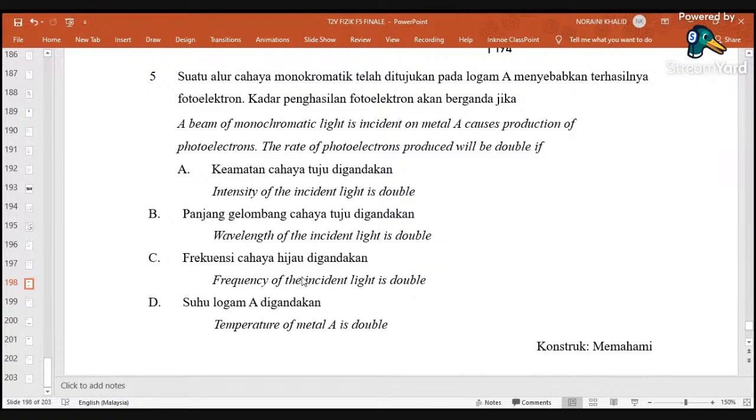Okay, number 5. A beam of monochromatic light is incident on metal A and causes the production of photoelectrons.